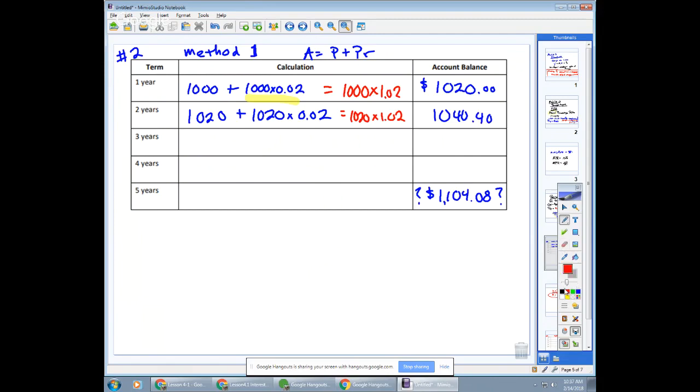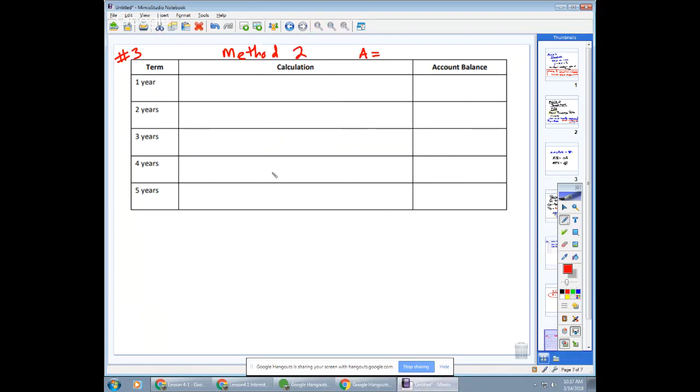Okay. So what's the shortcut version for that line? Yeah, 1040 times 1.02. And I want you to write that in your table too. If you don't have enough room there and you can't squeeze it on the edge, then on another piece of paper, make another table and rewrite it there. Okay, so I'm going to rewrite mine on another piece of paper.